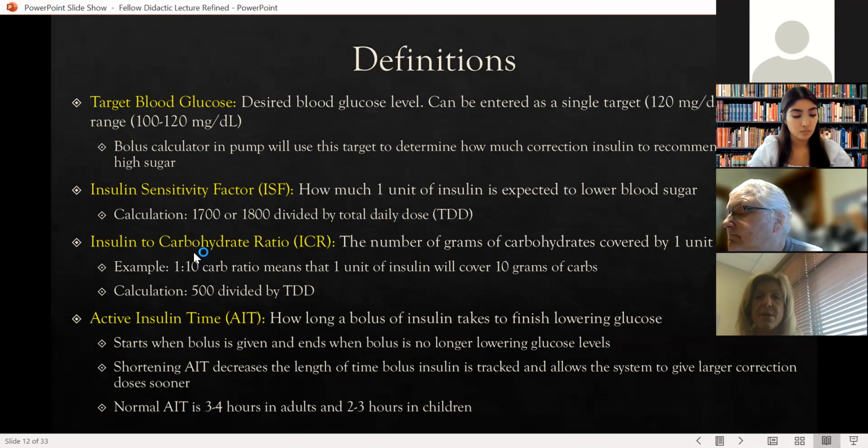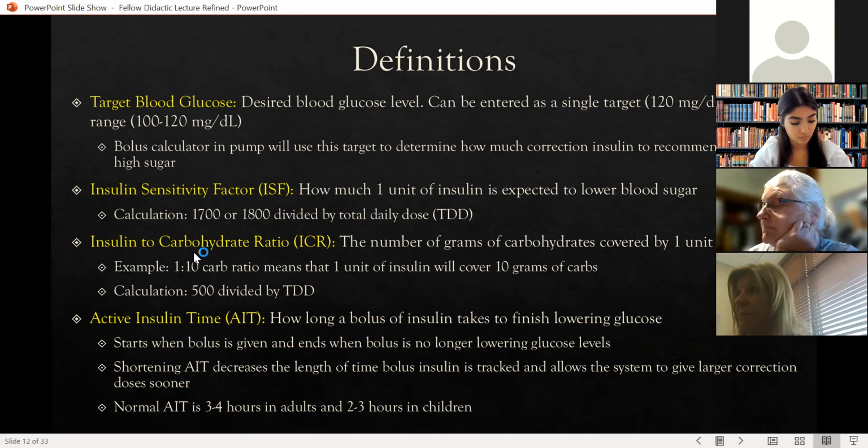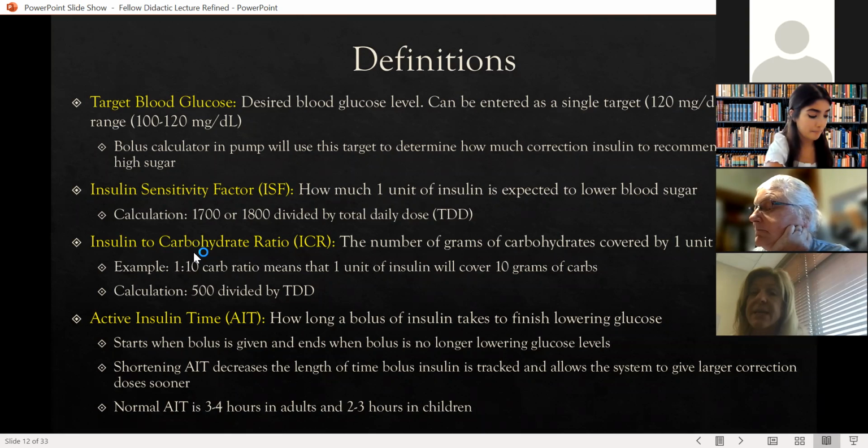And then you end up coming up with how many units per grams of carbs. I have people that are on 1 per 15 grams of carbs, and I have patients that are on 1 to 1. That means every gram of carb, they get 1 unit of insulin. So those patients are getting 20, 30 grams, 30 units of insulin per carb that they eat. Those also sometimes are not pump candidates because that's just so much, or they're on U500 in their pump.